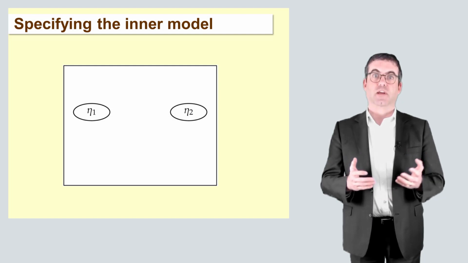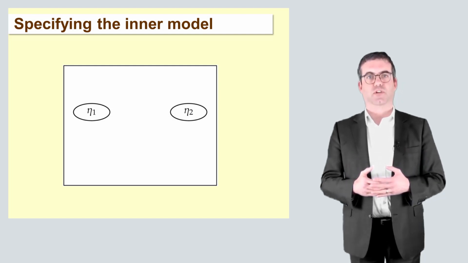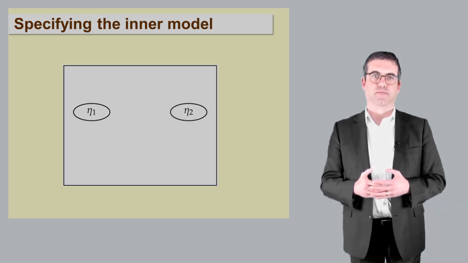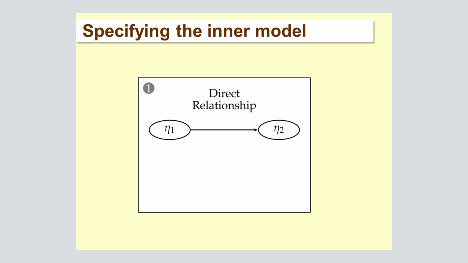Specifying the inner model entails selecting the constructs that should form part of the model and specifying the relationships between them. Several kinds of relationships are available. Direct relationships are denoted by single-headed arrows. They symbolize causal relationship. In the current example, we would thus say that eta 2 is hypothesized to be caused by eta 1.